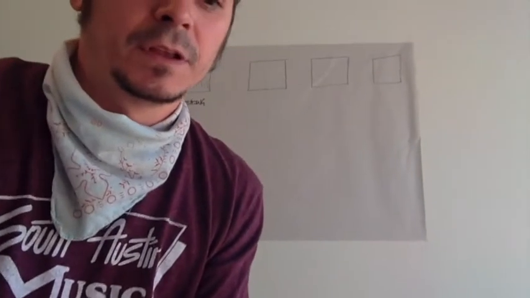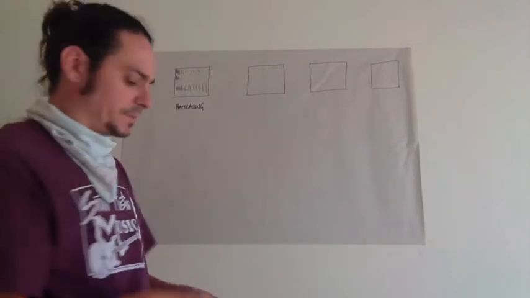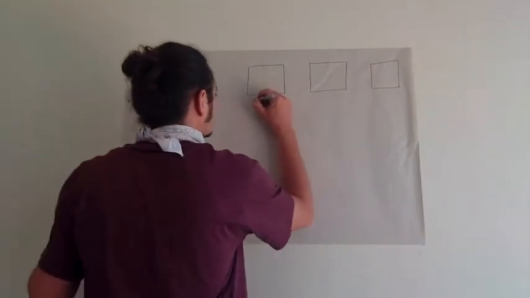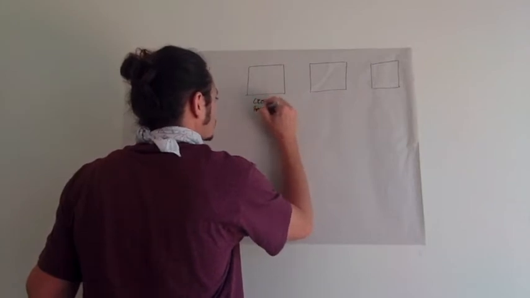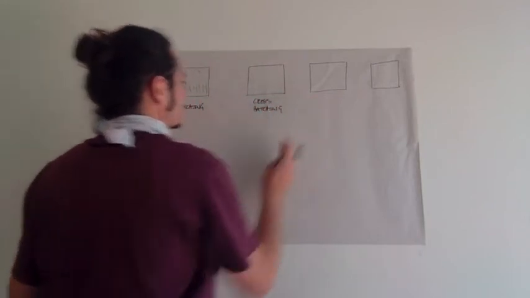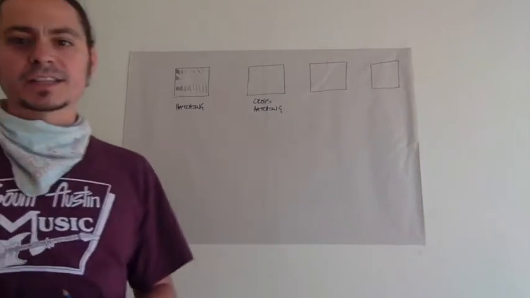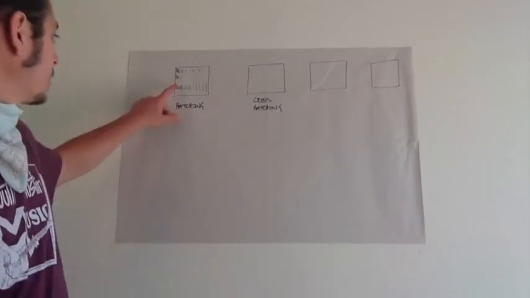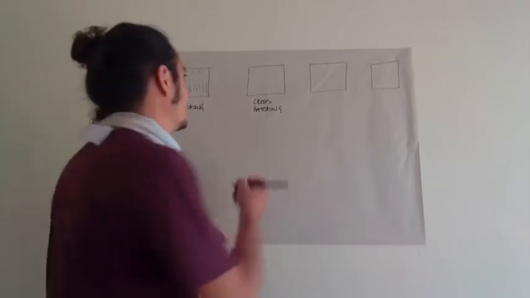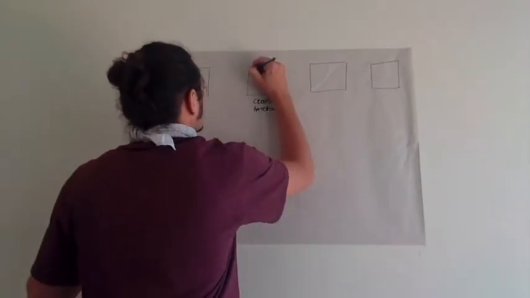All right, now we've got cross-hatching. Cross-hatching is generally the same thing. The only difference is that your line marks cross each other, and it looks something like this.